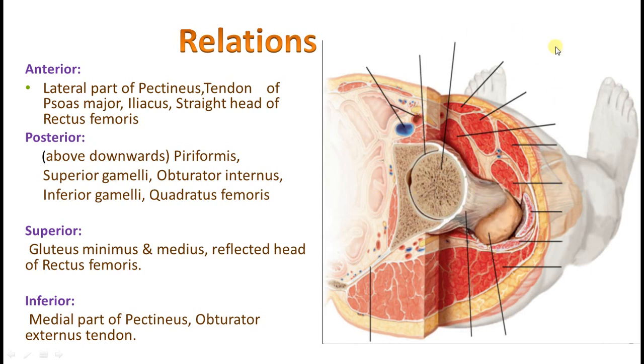Here you are able to see a section not exactly passing through the hip joint, somewhat below that, because here you are able to see the head in the socket, acetabulum, capsule, greater trochanter, all those things. So that should be your massive gluteus maximus muscle. In the front, the rectus femoris and vasti muscles, and here the iliotibial tract with the tensor fascia lata.